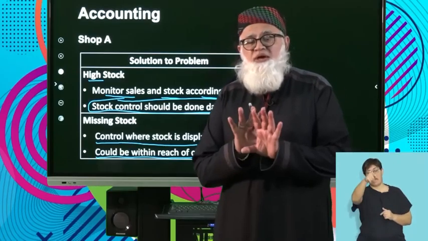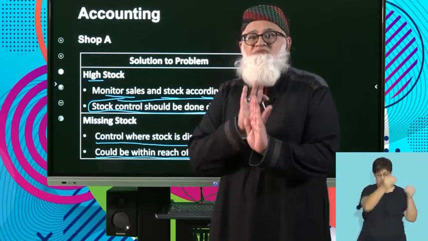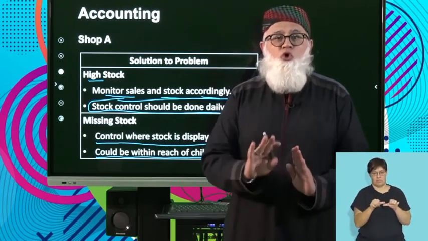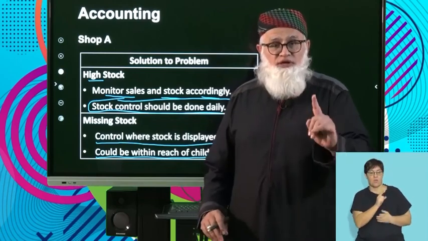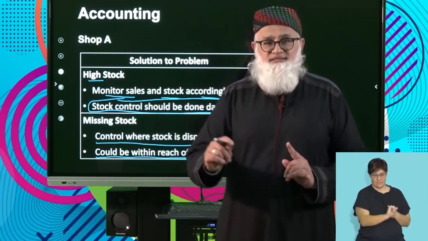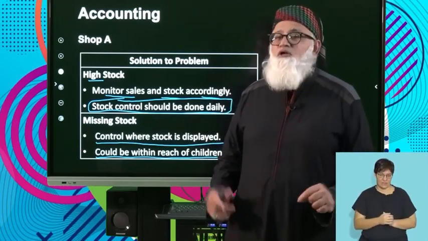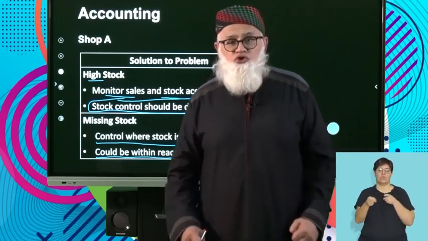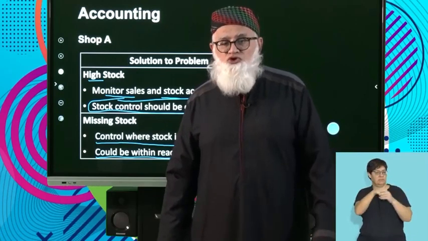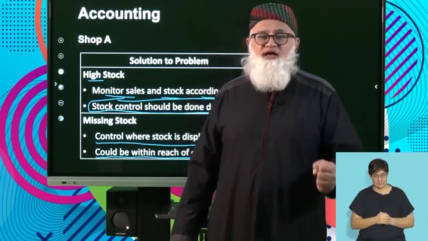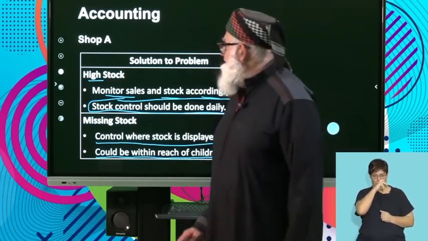So make sure that you put these measures in place. Again, understand what we are doing: we're putting control measures in place in order to safeguard the asset. Which asset? In this case, stock. Bringing us back to what is internal control. The purpose of internal control is to safeguard the assets of a business.